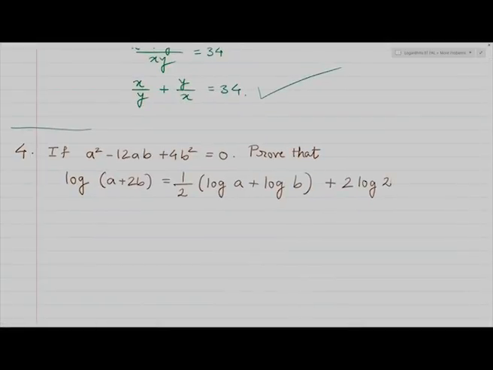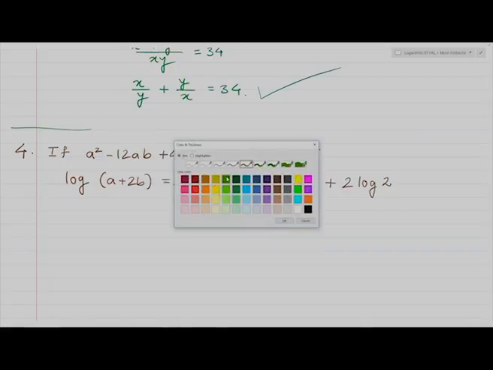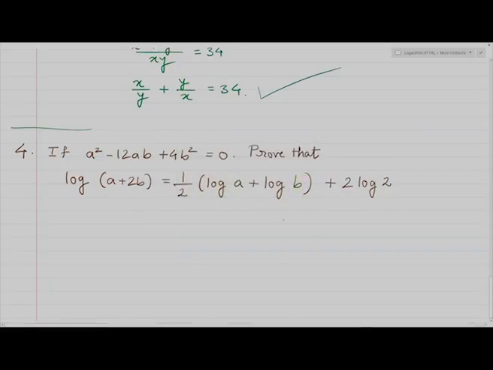How will you prove this? Now, if you look at what is given, let me write down what is given to us. If you look at what is given, it is not at all clear how to prove this particular identity. So, let me write down first what is given.